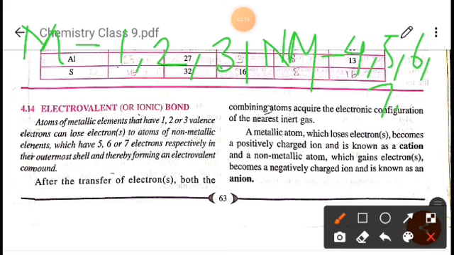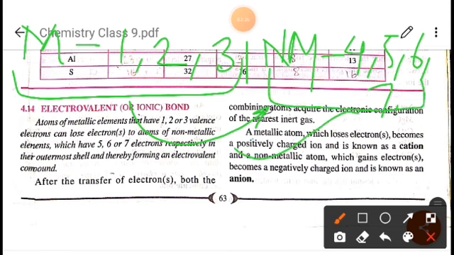So what is the tendency of this metal? The tendency of the metal is to give an electron, and the tendency of the non-metal is to accept an electron. I hope you are understanding, right?